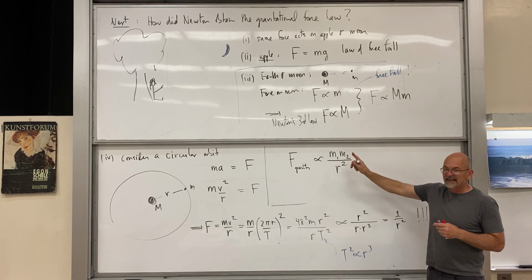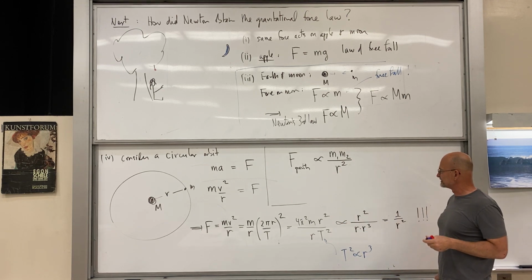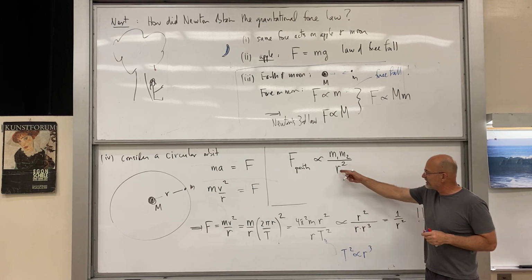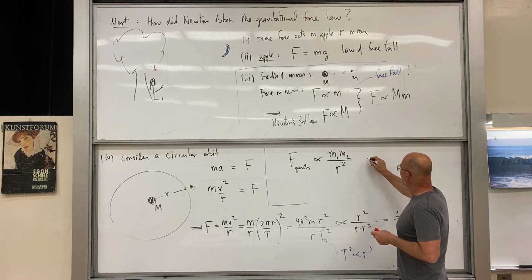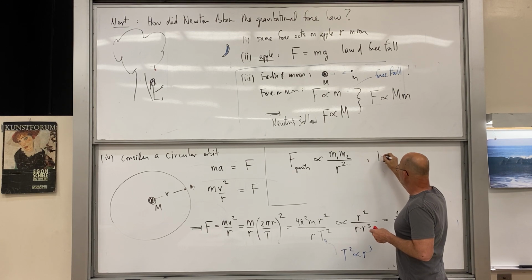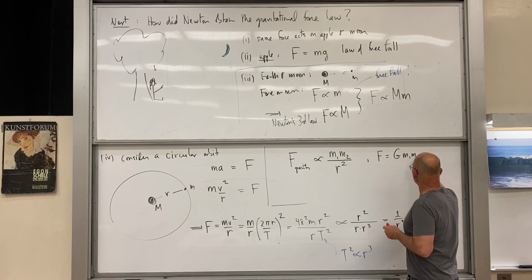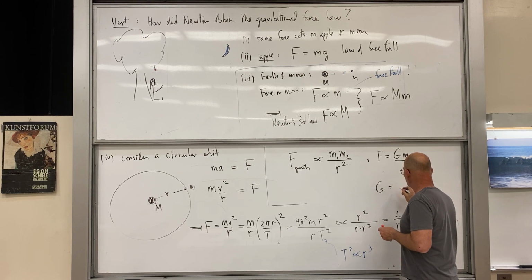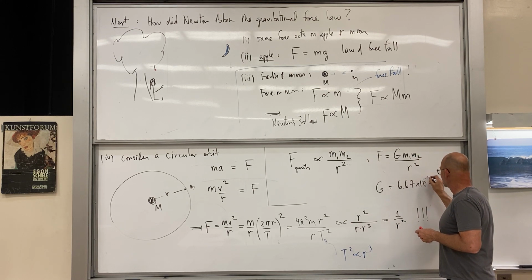The proportionality constant has to be measured, and can be measured as well. It was measured by Cavendish for the first time in laboratory conditions. So F is equal to G m1 m2 over r squared. G is, I think, 6.67 times 10 to the minus 11.